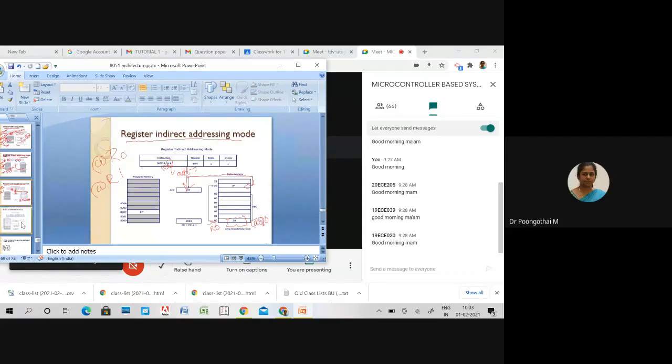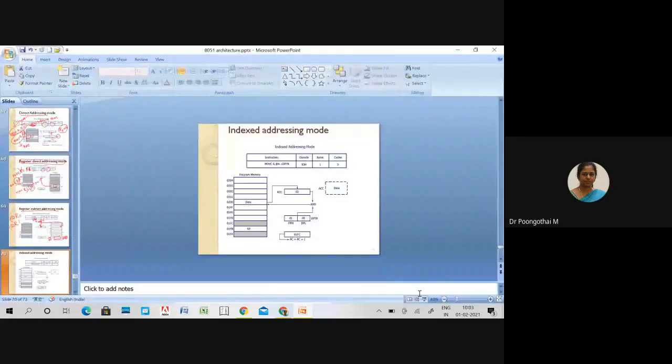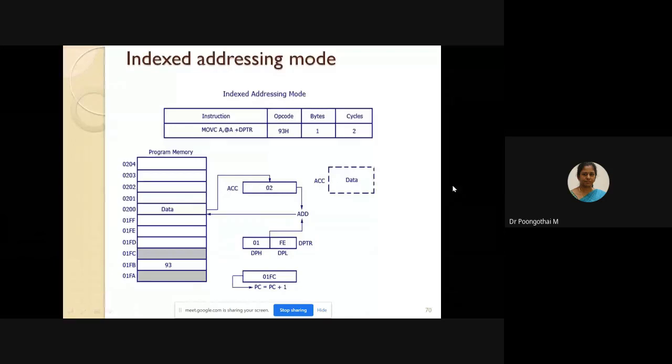Yes, ma'am. Okay, the next one is the indexed addressing. Look at this example. The indexed addressing mode is widely used in accessing data elements in lookup table applications. A lookup table contains some pre-calculated values.